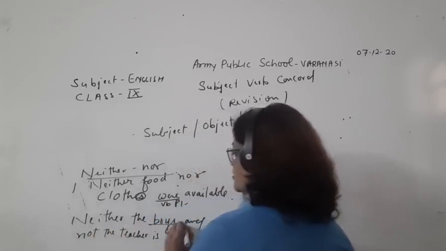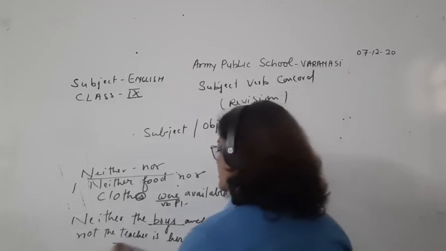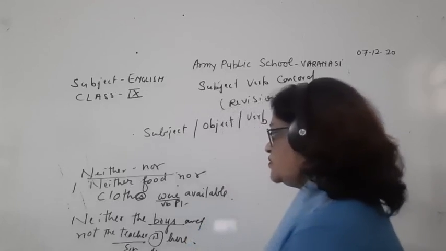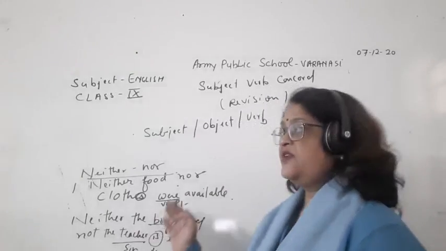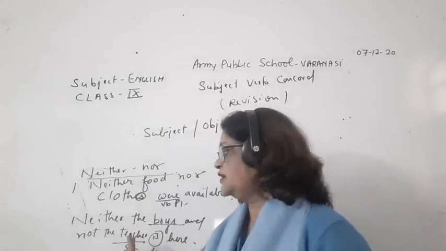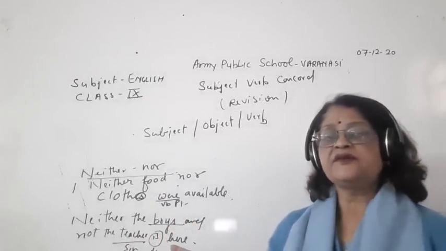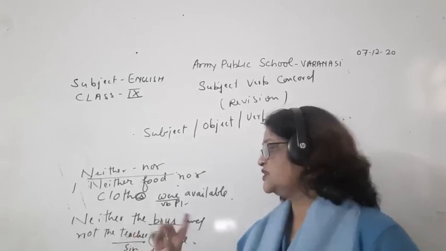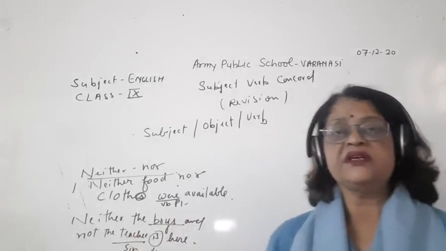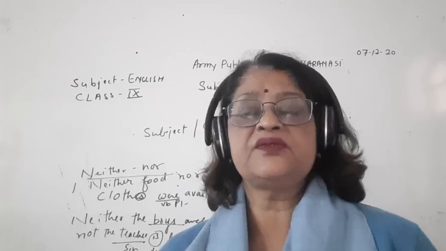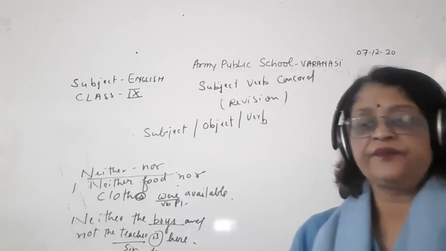So children, here boys is plural, but the later noun is singular, so the verb is singular. According to the formula, if we are using either or, neither nor, with two nouns, the verb will be according to the noun which came later. Here teacher is singular, so the verb will also be singular, not plural. So this is the rule children. Okay.